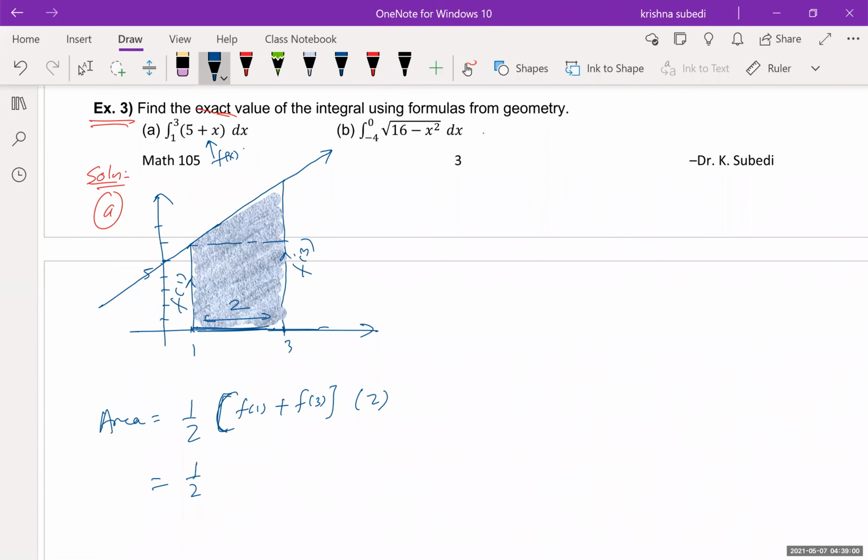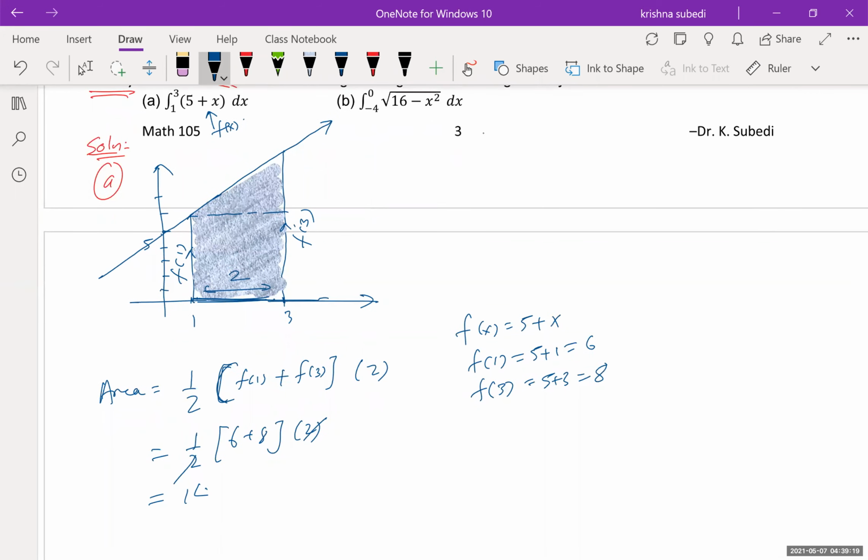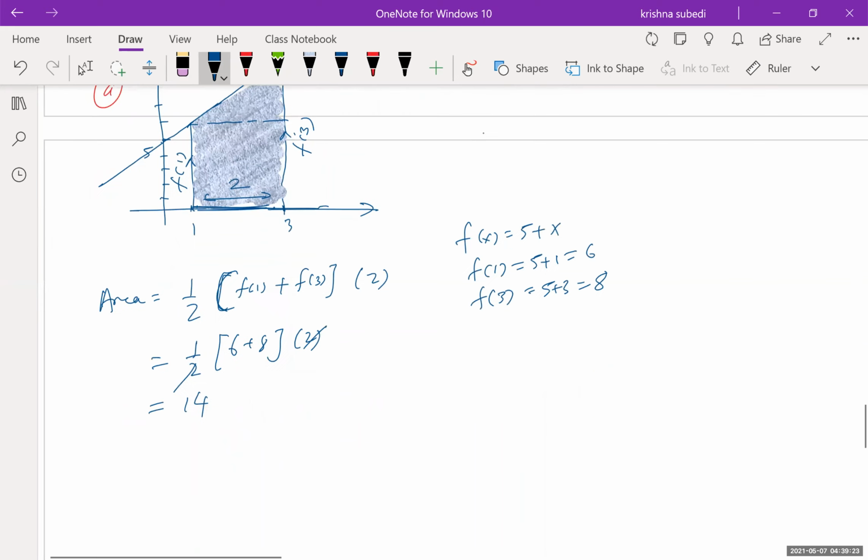What is f of 1? Let us calculate. f of x is 5 plus x. f of 1 is 5 plus 1, which is 6. f of 3 is 5 plus 3, which is 8. So basically we got here 6 plus 8 times 2, and this 2 cancels out with the half. So your answer is 14. All right, so that is the area.